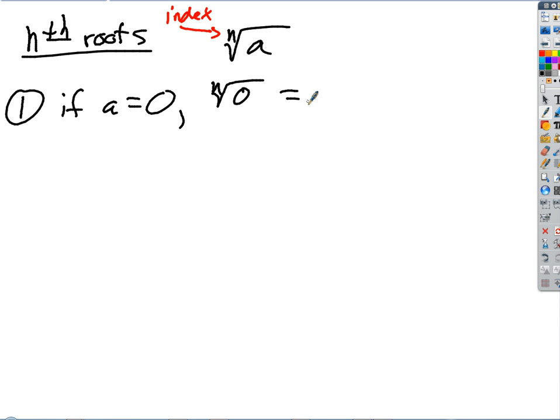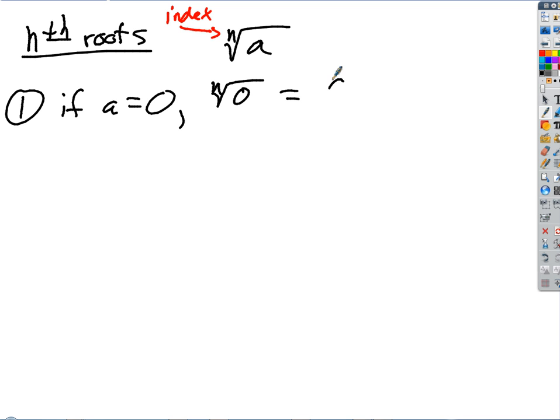No, 0. Because think what that's saying. The nth root of something is saying, what to the n is that number? Well, what number to any power equals 0? 0. So no matter what kind of root I'm taking, the square root of 0 is 0, the cube root of 0 is 0, a millionth root of 0 is 0. That's an easy one.